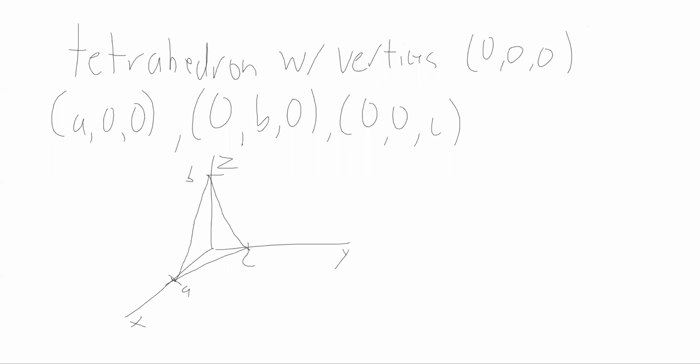It's the piece in the first octant. So if you take the region bounded by this piece of the plane and all the coordinate planes, that solid region is your tetrahedron.